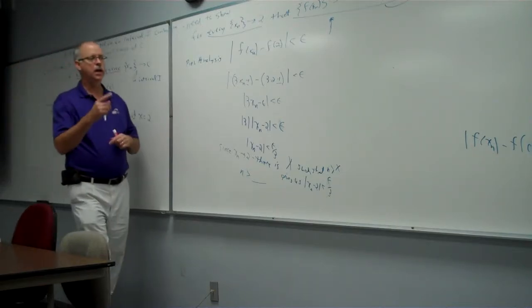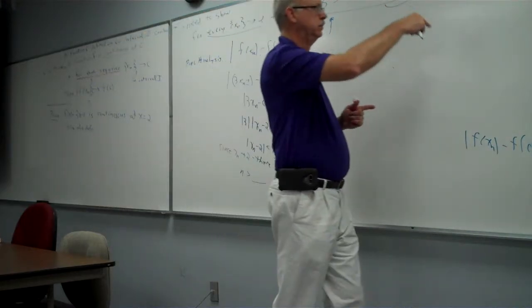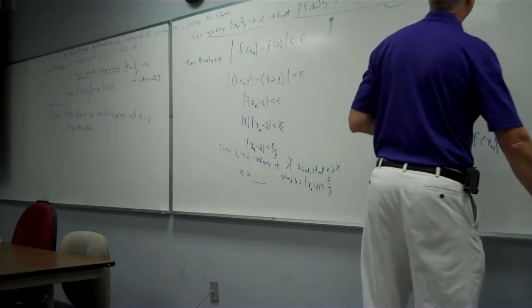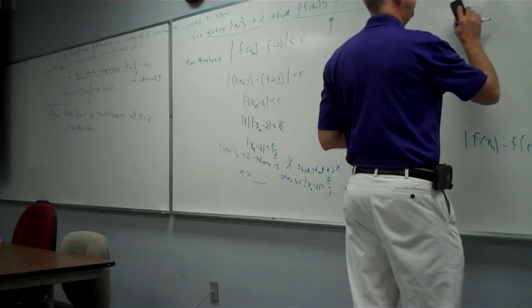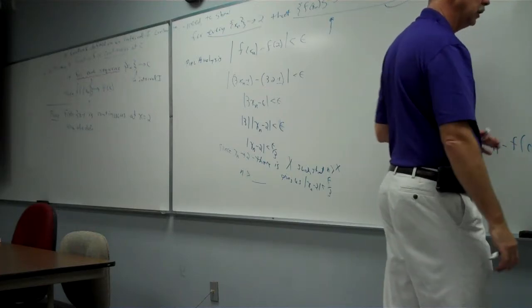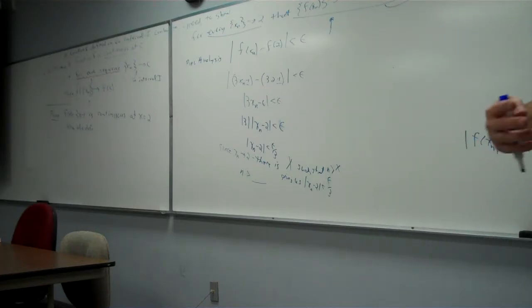All right, so how do we take what we've got here in the preliminary analysis and put it in our actual proof? I think we have to say a little bit more. We can't just say, well, pick x to be this.